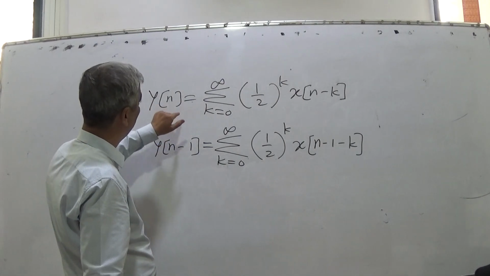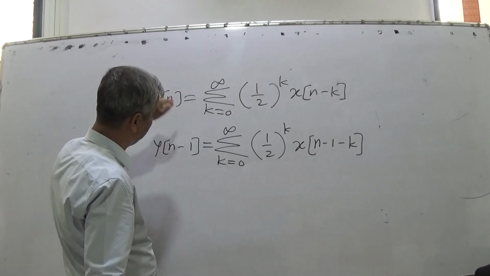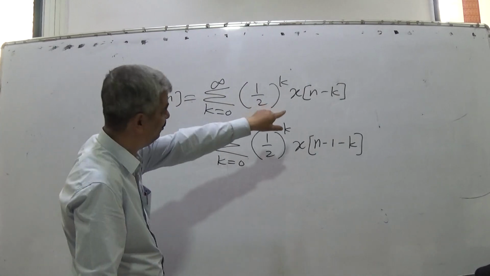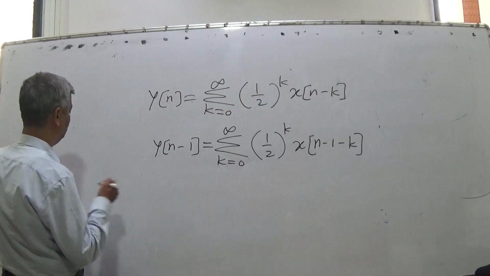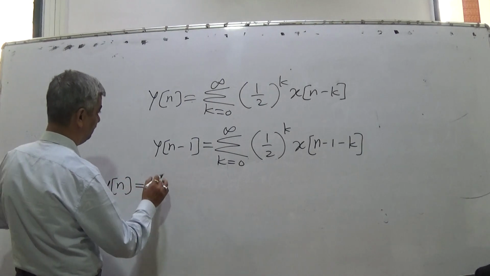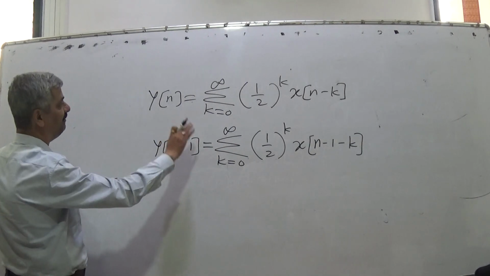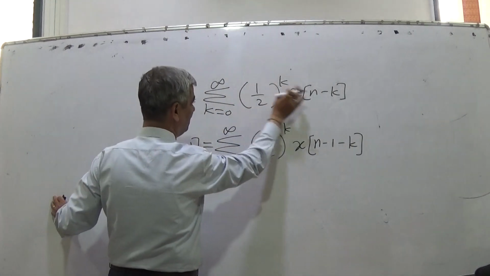So what I will do is split this expression. xn means k equal to 0. So I will split this into Yn equal to, for k equal to 0, a separate term. When k is equal to 0, this is 1 and this is xn.